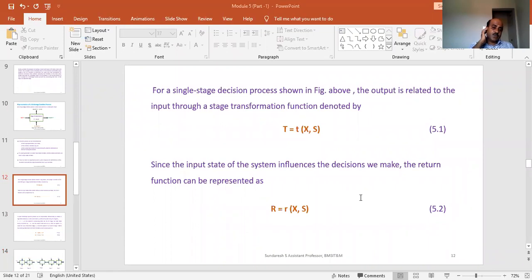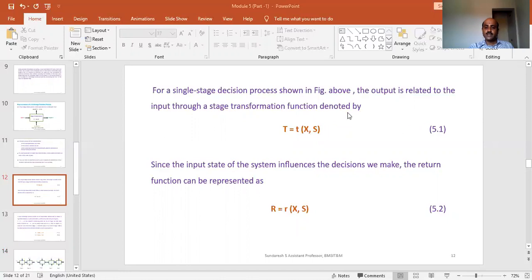In the single stage decision process shown in the figure above, the output is related to the input through the stage transformation function, denoted by small t, which is a function of the decision variable X and the input state variable S. So this is called the stage transformation function.